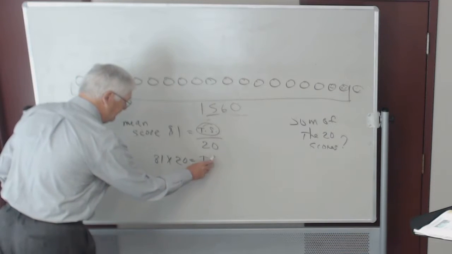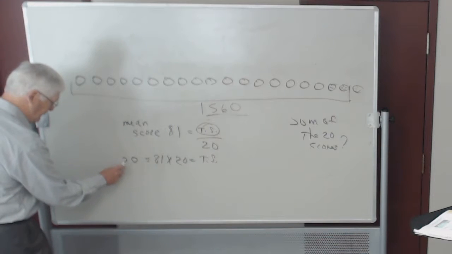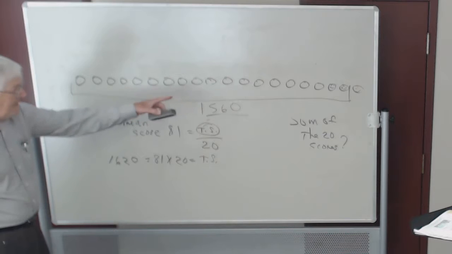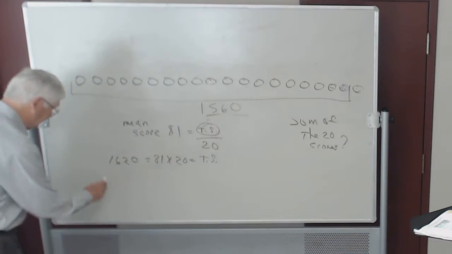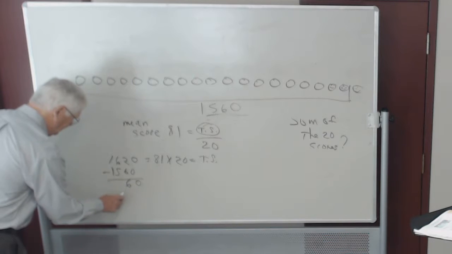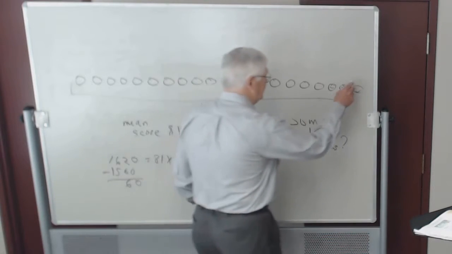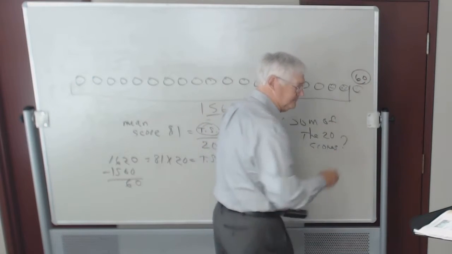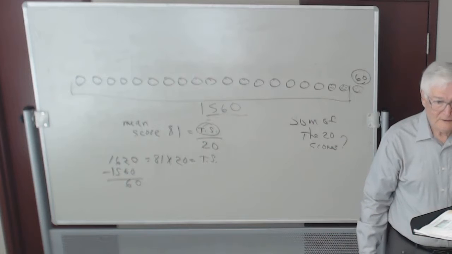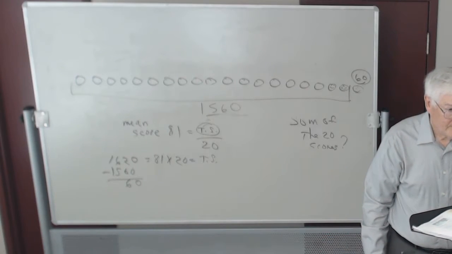What's 81 times 20? 1620. So if the sum of these 19 is 1560, I subtract 1560. And that person made a 60 on their test. You follow that process?